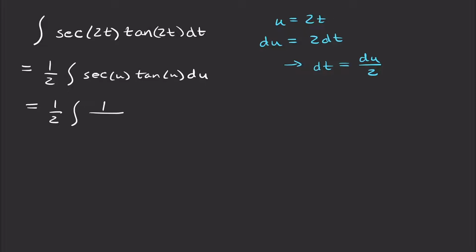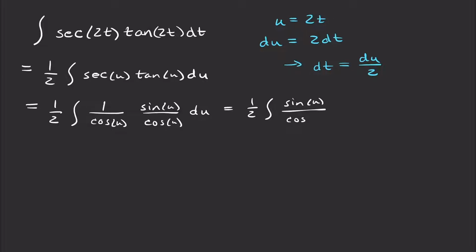So secant of u is just 1 over cosine, and then tangent is sine over cosine, times du. So this gives us 1/2 the integral of sine u over cosine squared u.